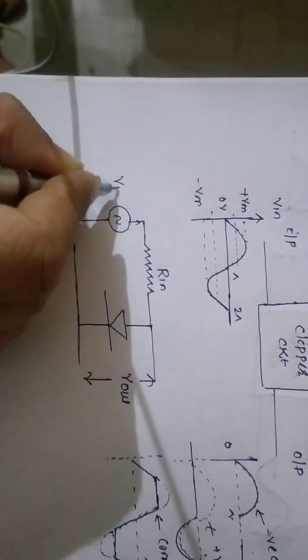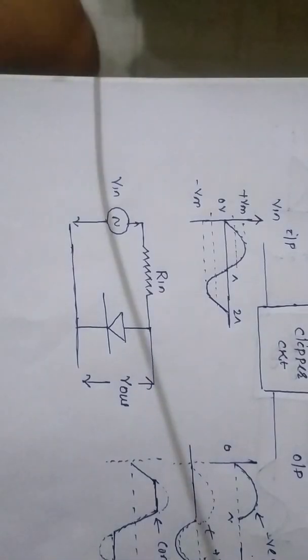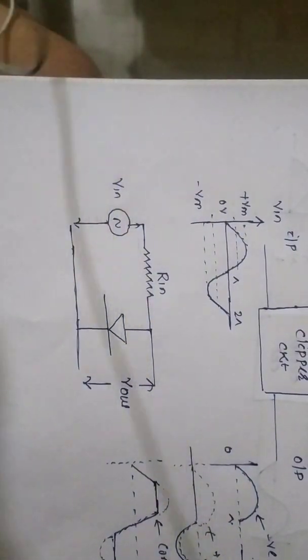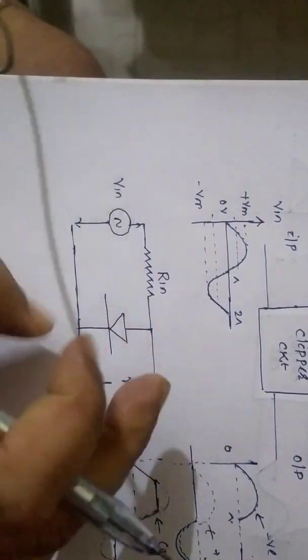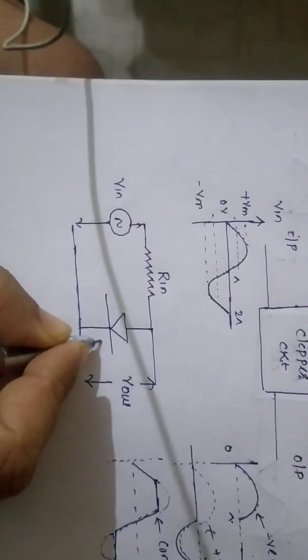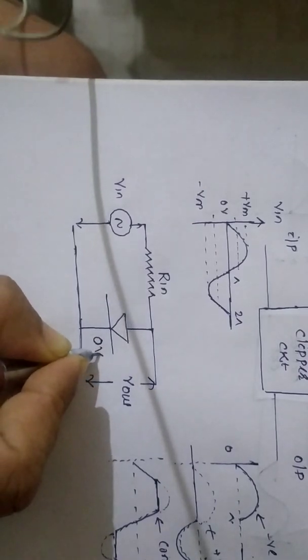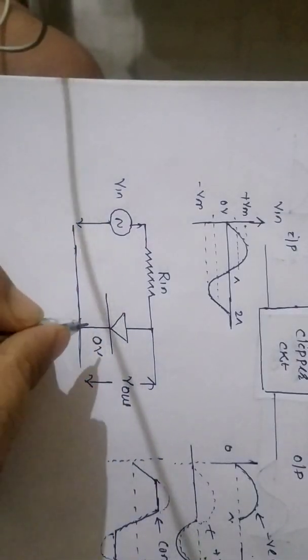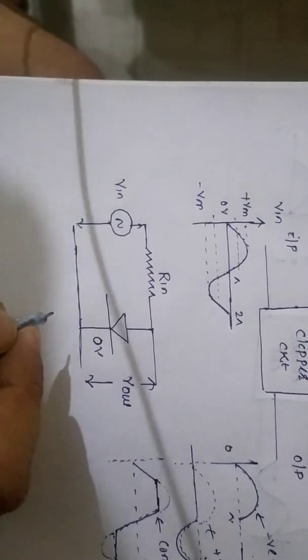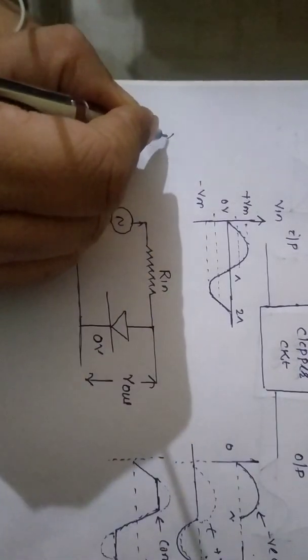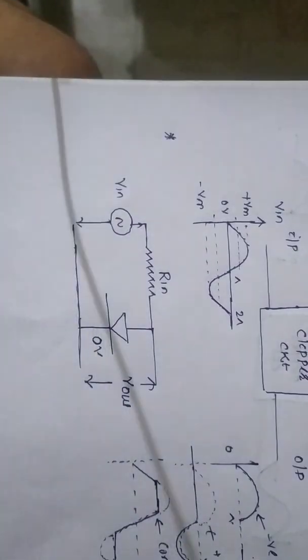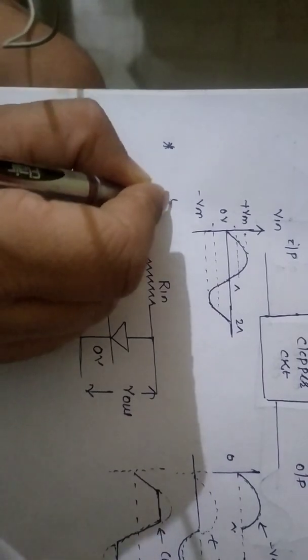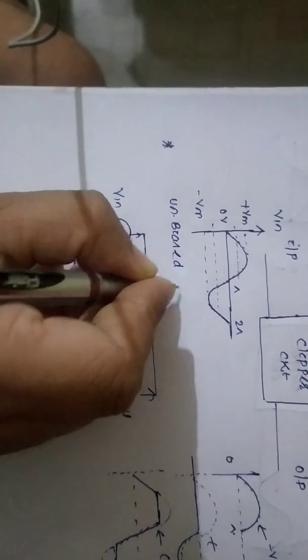This is the input, and the output we are going to get in parallel with the diode. If you see the circuit diagram, the battery voltage connected with this diode is 0 volt, right? So if a 0 volt battery is connected with the diode, such a clipper circuit is known as an unbiased clipper circuit. So the name of this circuit is unbiased shunt clipper.